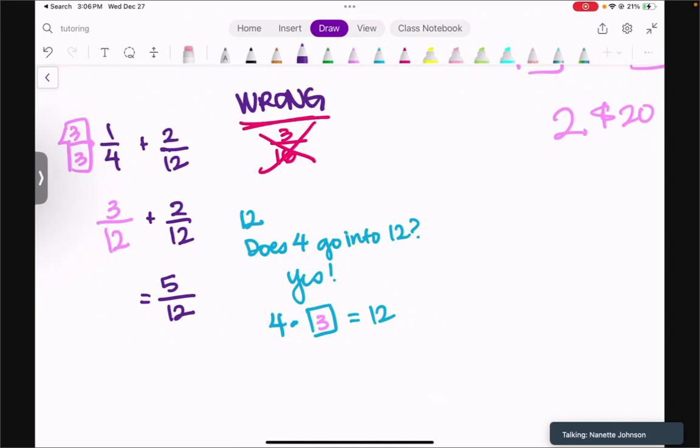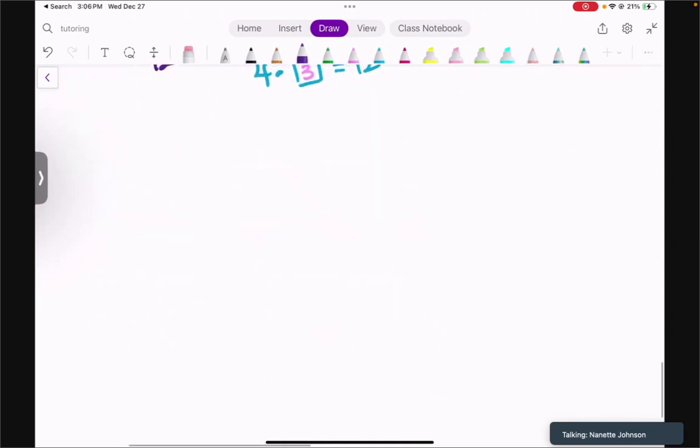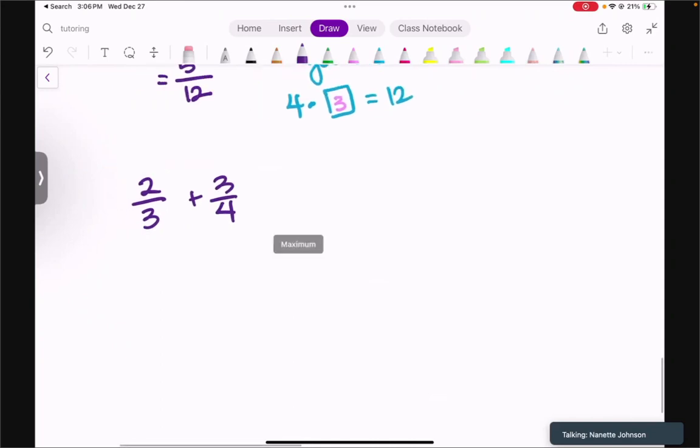This is really finding the least common multiple, if you've ever heard that. And if you can't find a number that both of them go into really quickly, I'll show you my little trick. So here's 2/3 plus 3/4. If you can't find a number that both of them go into and you can't think of it, then I just want you to multiply 3 times 4.